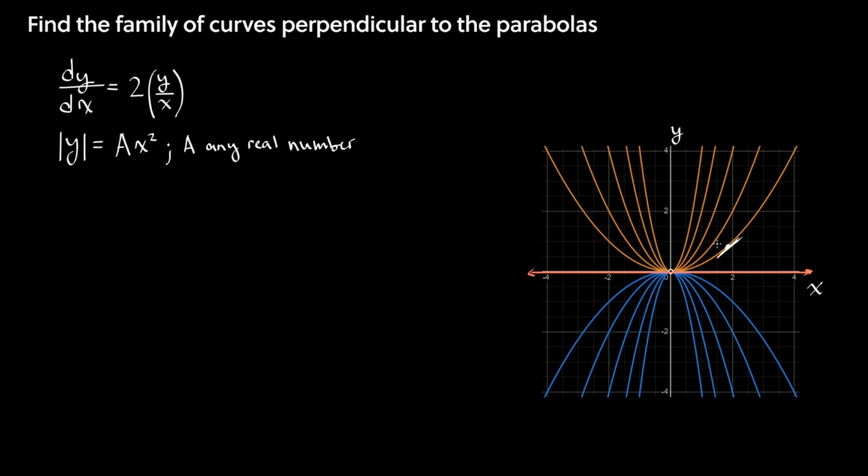When they intersect these parabolas at these points here, we could make tangent lines for these curves at that point of intersection. And we now want the slope of the tangent line that we constructed for this parabola here to be perpendicular to the slope of the tangent line of the curve intersecting this parabola here.